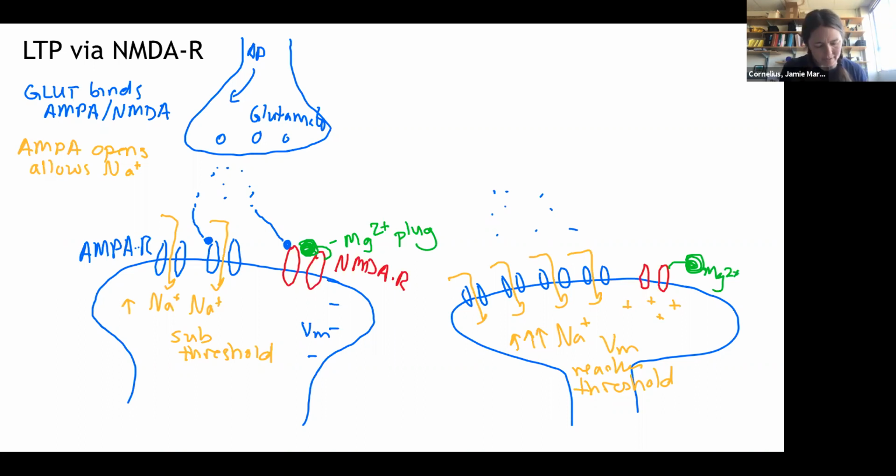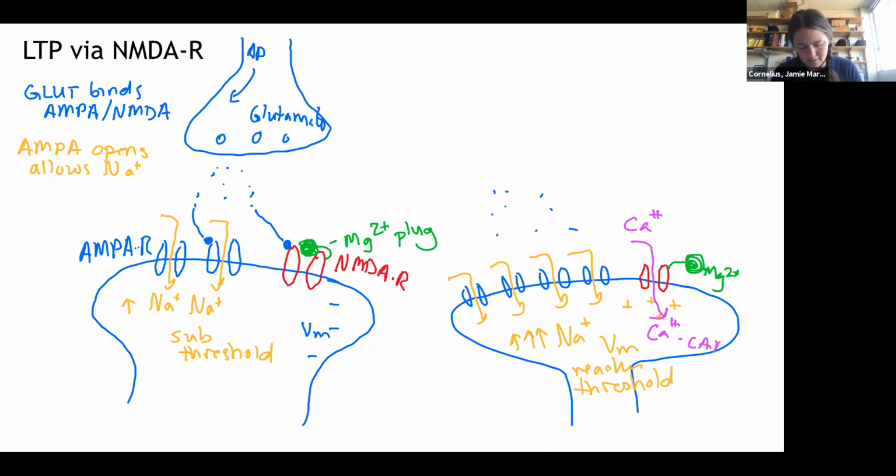So now what happens is that NMDA is also a cation channel, but it's specific to calcium. So calcium floods the cell. And calcium essentially binds to calmodulin.